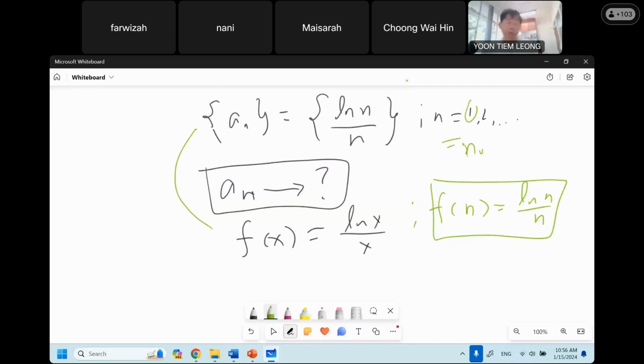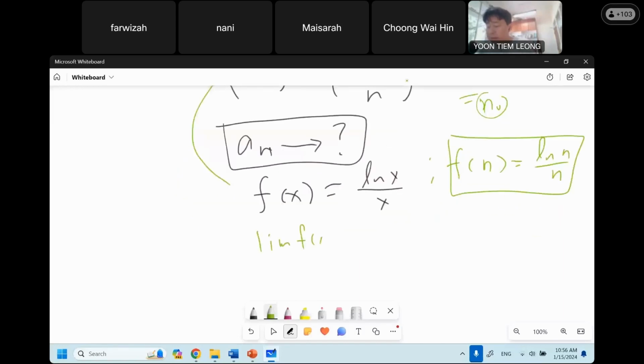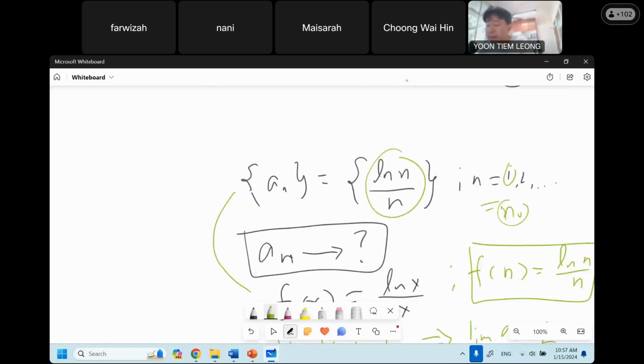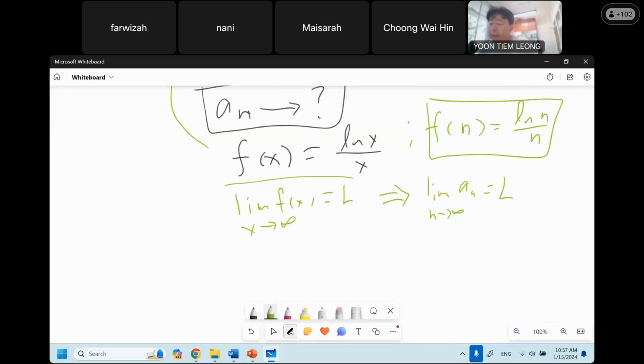According to theorem 4, if you can find the limit of the function f(x) at infinity, and this limit is L, then the limit of the sequence a_n is also L. So the question of finding the limit of the sequence ln n over n is translated into finding the limit of the function ln x over x.